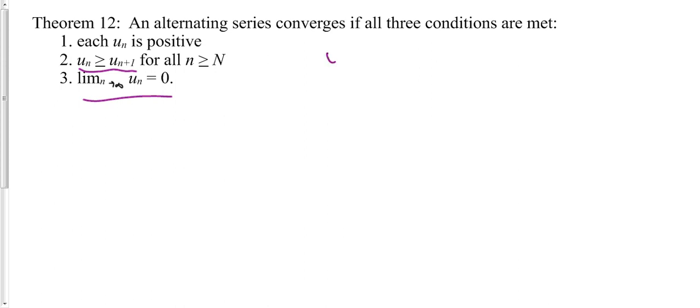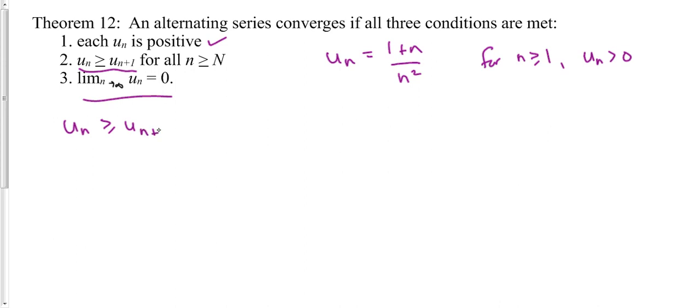So for our series, u_n is going to be equal to (1 + n) over n squared. And for n greater than or equal to 1, all of our u_n are going to be positive. So we satisfy the first criterion. So our second question is, are the u_n greater than or equal to the u_(n+1)?